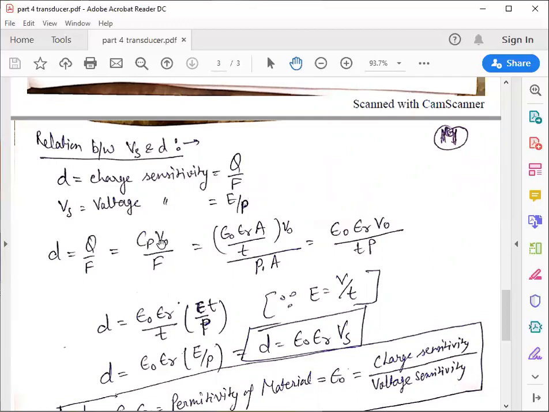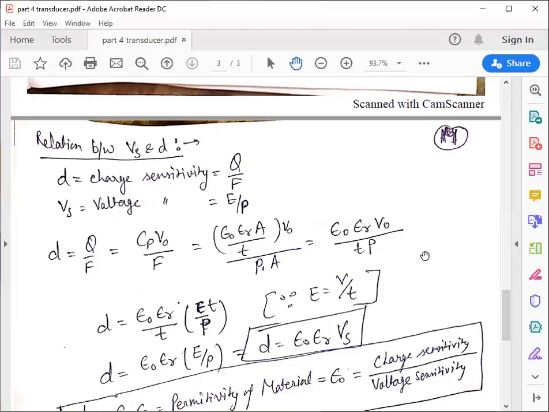So we write Cp into V naught divided by F, and Cp is the capacitance of the piezoelectric transducer, which is given by epsilon naught epsilon r A by T, the relation which I have already mentioned. And force will be equal to pressure into area, because pressure is equal to force per unit area.